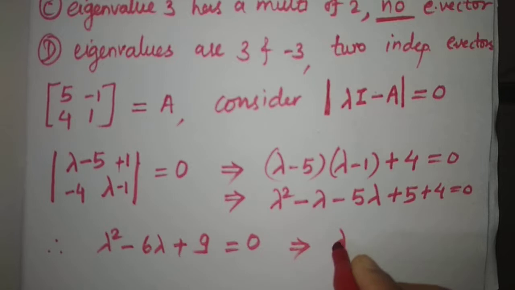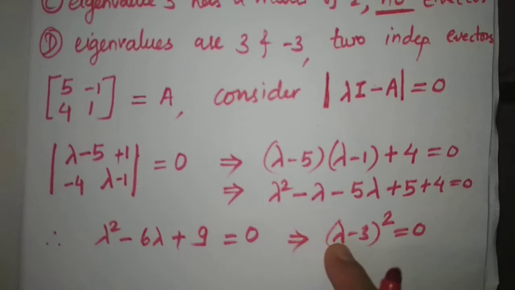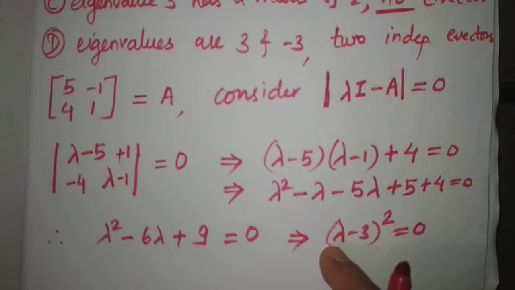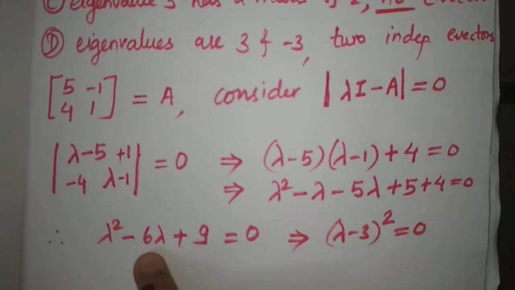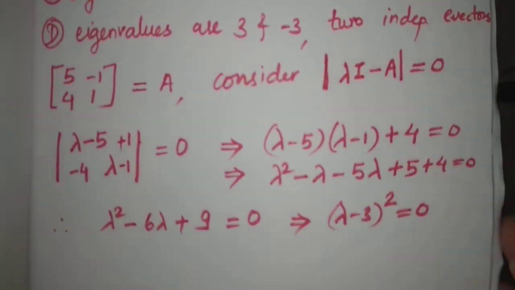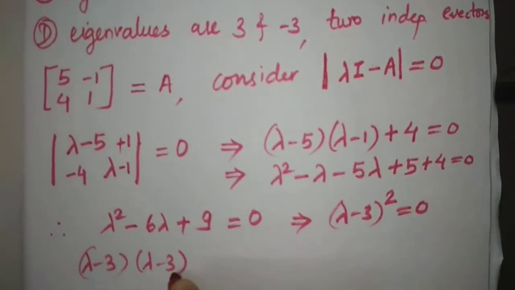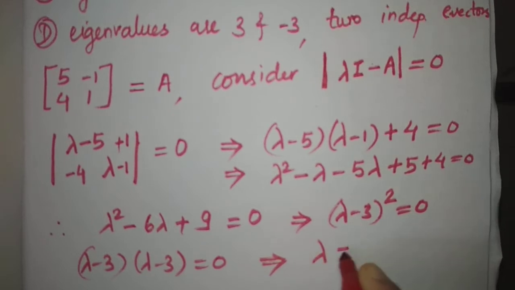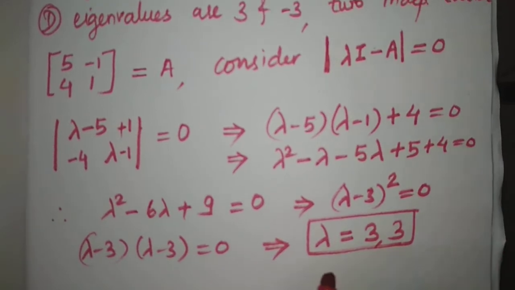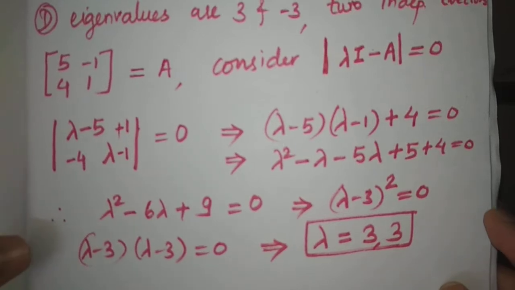And this gives us lambda minus 3 whole square is equal to 0, because a minus b whole square is a square, that is lambda square, minus 2ab, that is 2 into lambda into 3, which is 6 lambda with minus sign, and b square is 3 square, which is 9. Now this gives us lambda minus 3 into lambda minus 3 is equal to 0, and hence we get 2 eigenvalues as 3, 3. So the eigenvalue is 3, which is repeated twice, that is it has multiplicity 2.